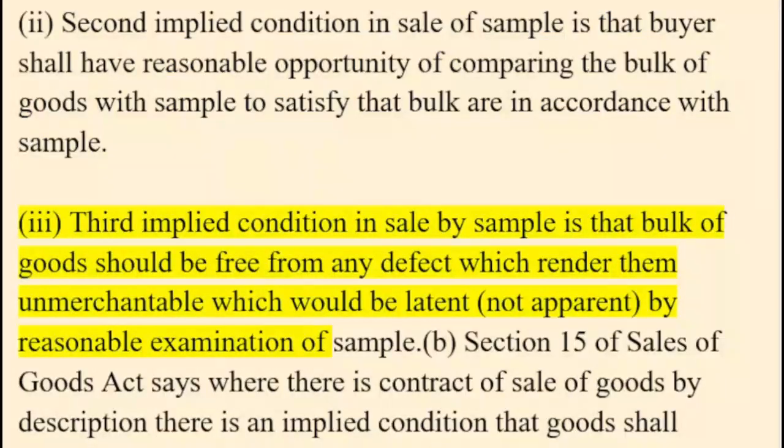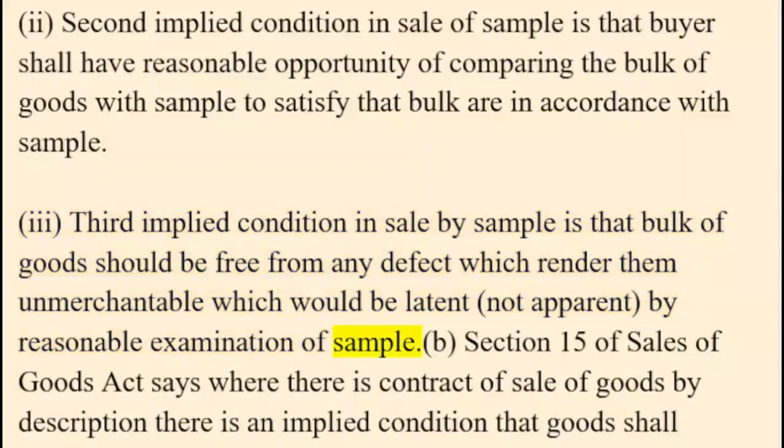Third implied condition in a sale by sample is that the bulk of goods should be free from any defect which renders them unmerchantable, which would be latent, not apparent, on reasonable examination of the sample.